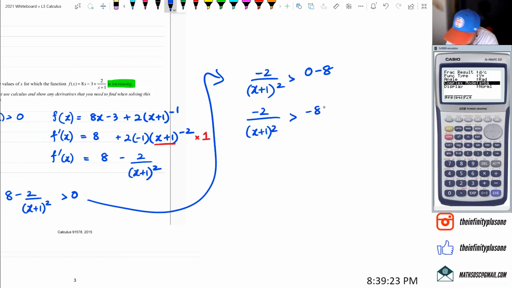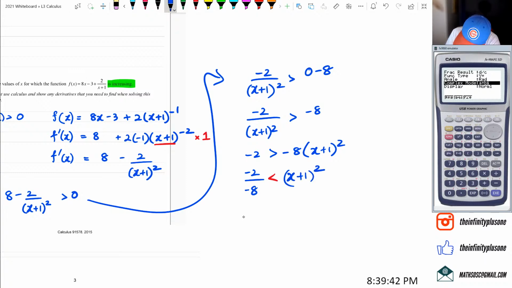I could cross multiply the x plus 1 squared, and then divide by negative 8, and because I'm dividing by negative 8, I'll need to change the symbol to the other way. So I'm just going to rewrite this as x plus 1 squared greater than 1 over 4.